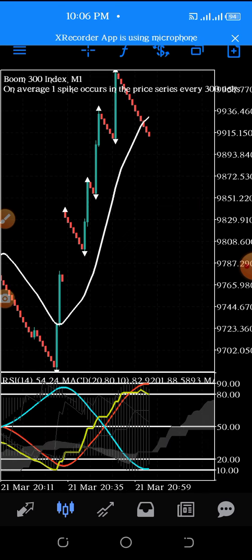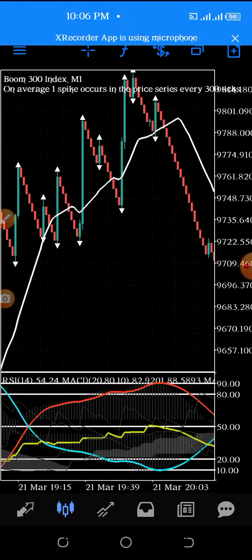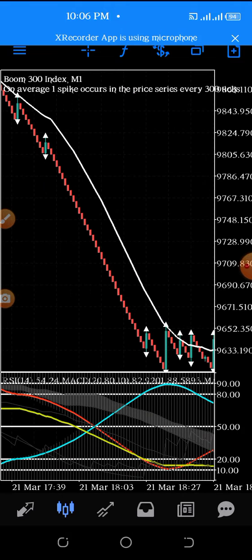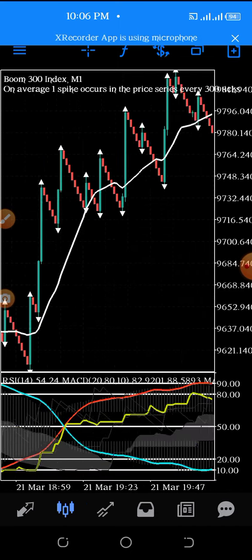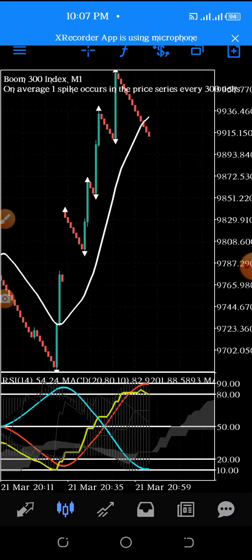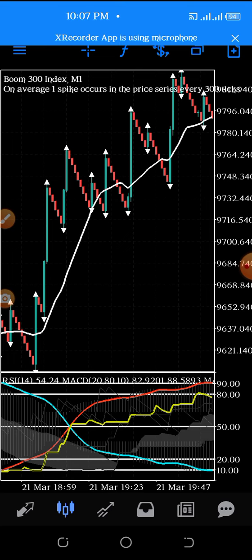What I want to give to you now is support and resistance, then using trend line to catch spikes in an uptrend market, not downtrend. In an uptrend, you use trend line to catch spikes.